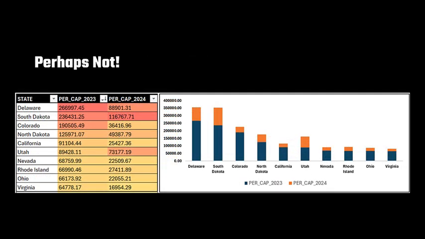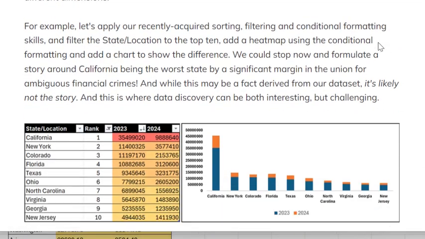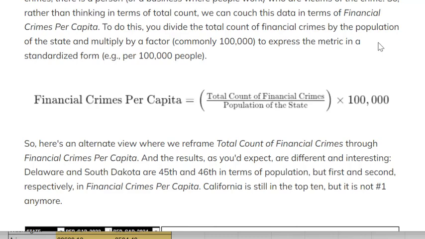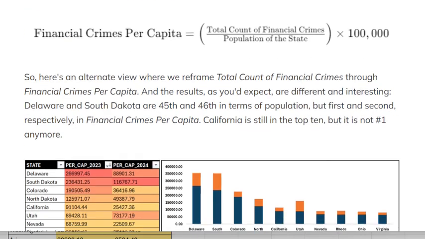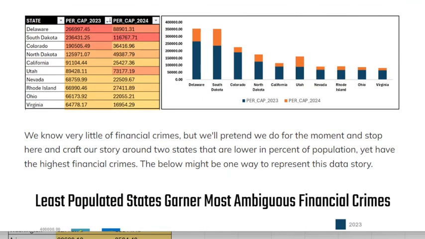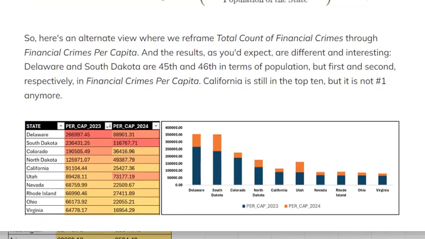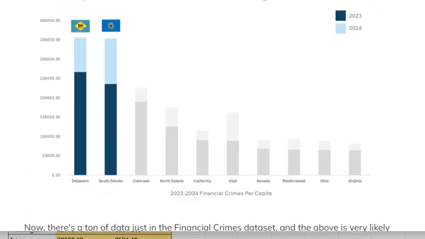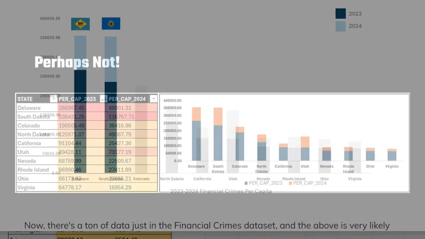For example, let's look at the incidence of financial crimes from a per capita perspective and see what the data tells us. To do this, you take the incidence of financial crimes, in this case, total count of financial crimes, and divide it by the population of the state, and then multiply that by 100,000. Now, we see that California drops down the list, and New York drops off the list.